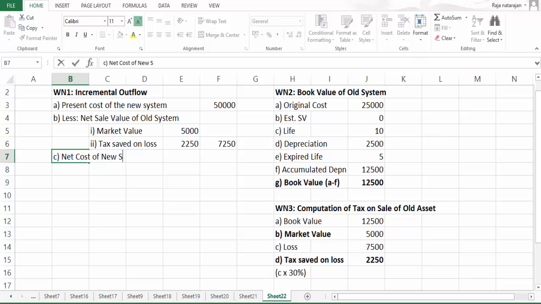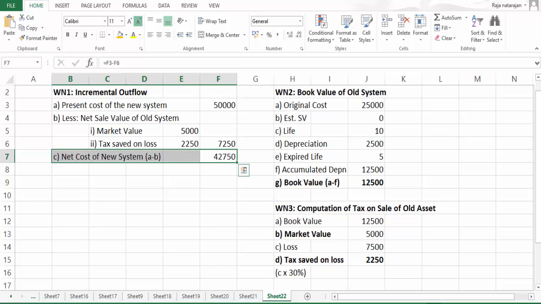So net cost of new system, and that's A minus B, is 50,000 minus 7,250. So your net cost of new system is only 42,750.